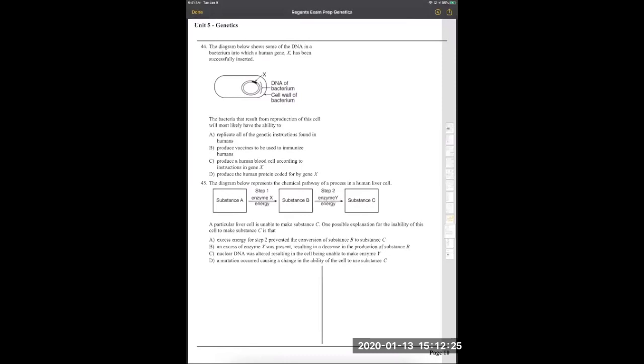45, the diagram below represents the chemical pathway of a process in a human liver cell. So we have substance A turning into substance B through a process of enzyme X using up the energy, and then substance B turns into substance C by virtue of enzyme Y along with the energy.